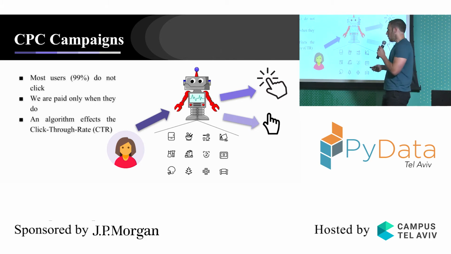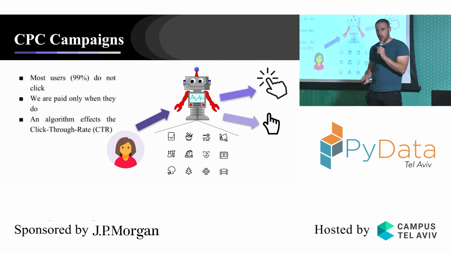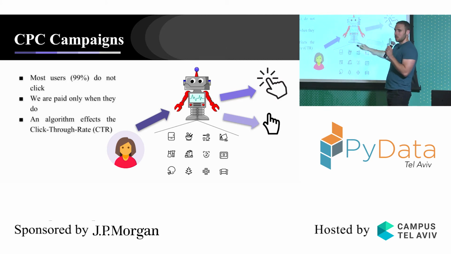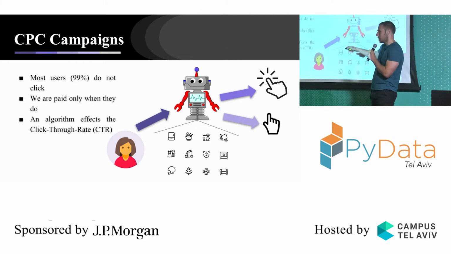So when you develop a CPC model, this is how your scenario looks. You have a user. We are developing this wonderful robot. And we have a stock of ads that we can offer to the user. We get paid only if the user clicks. So our model gets the user features, for example, a female, I don't know, age 20 to 30.